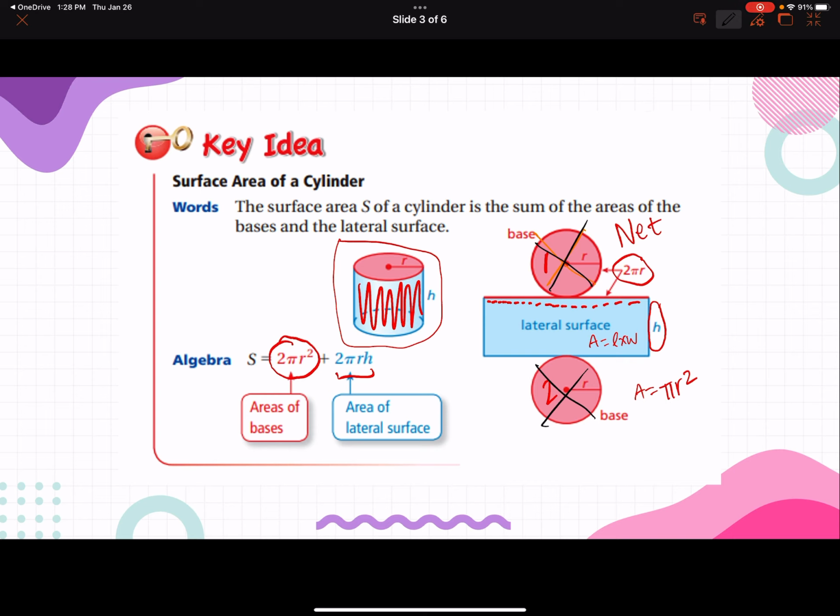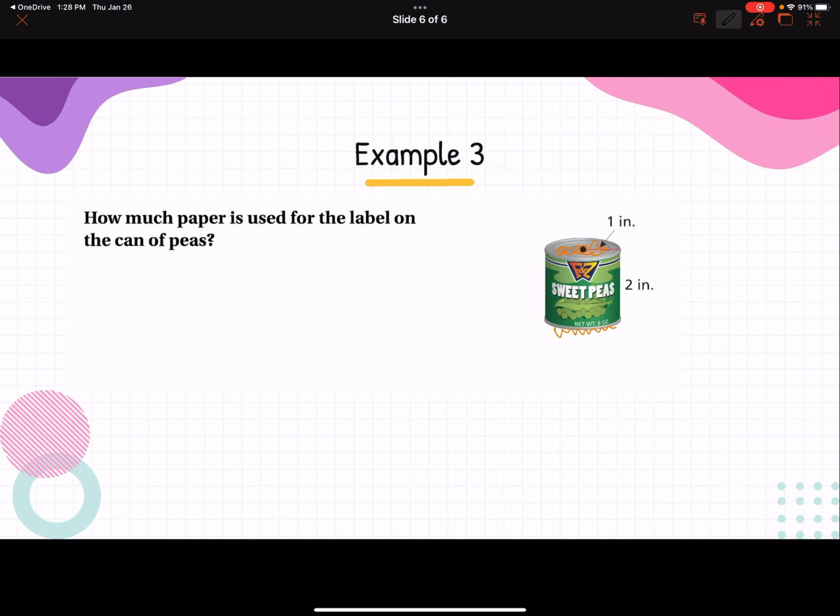So all I need for that is this part of the formula, and it's called the lateral surface area, 2 pi r h. So the 2 pi r squared part took care of my circles on the top and bottom, but I don't need that this time. I just need the middle.